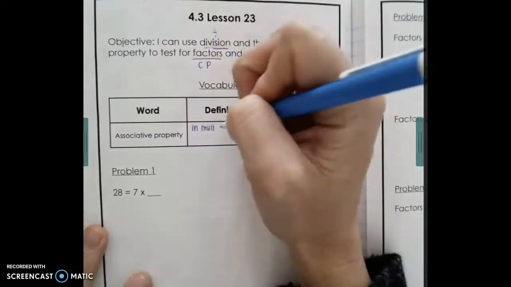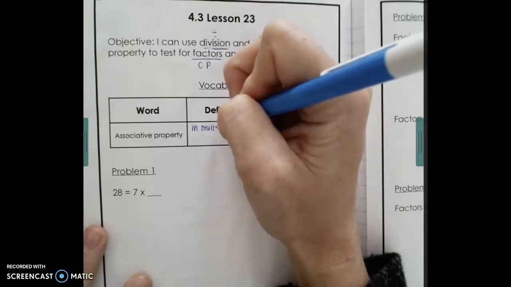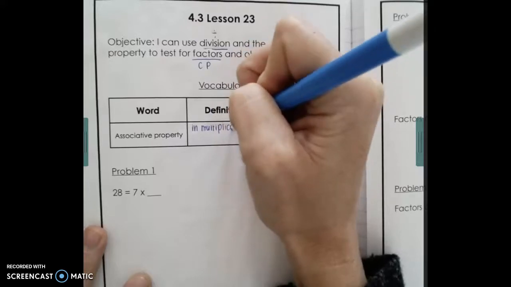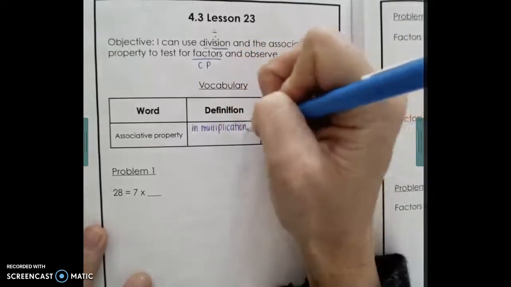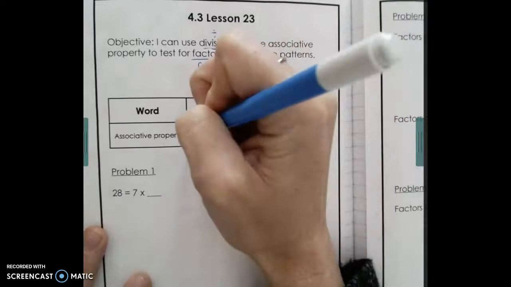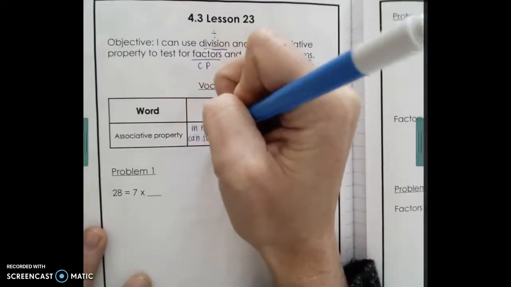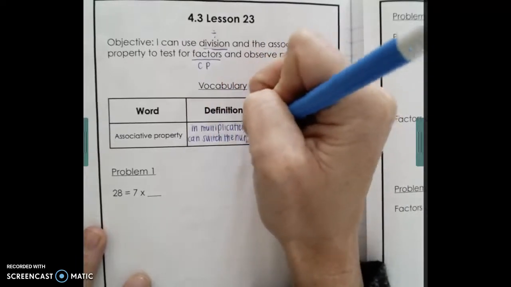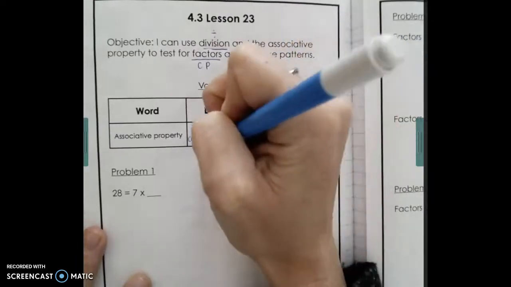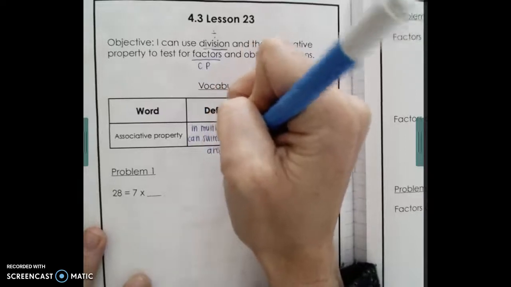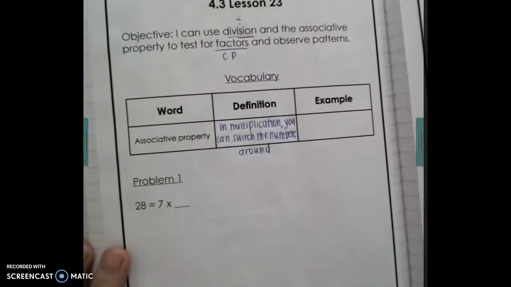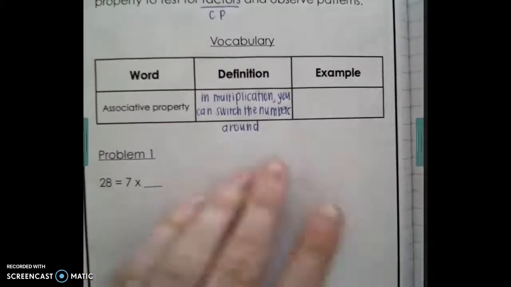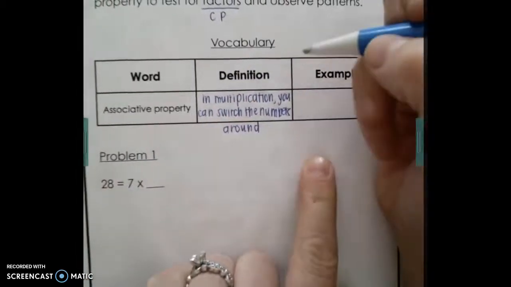You can also do this in addition, but we're talking about multiplication today. I know there's not a lot of space, but let me show you an example so it'll make more sense.